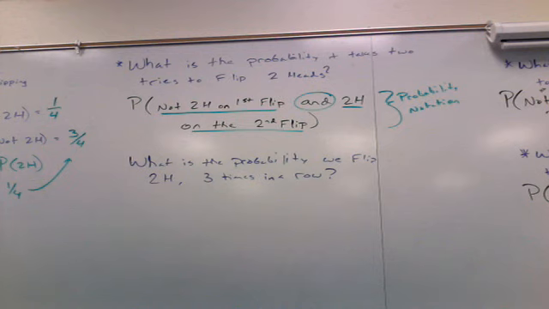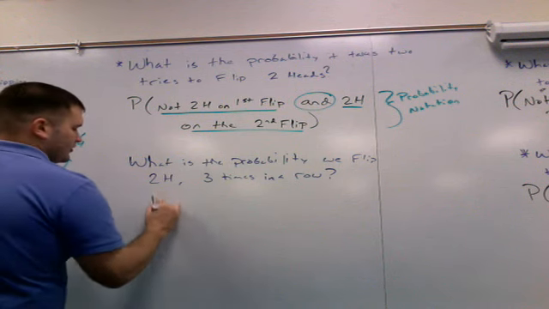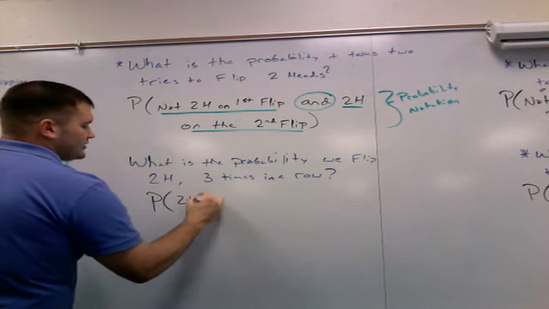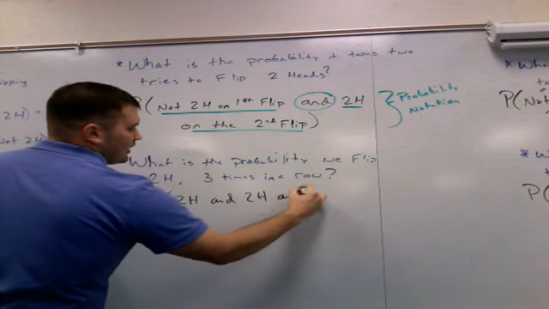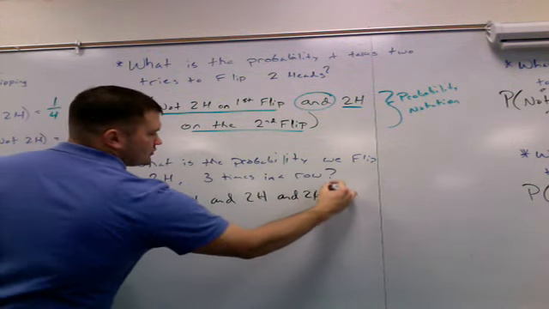Let's dissect this statement real quick. 2 heads 3 times in a row. That means what did I get on my first flip? 2 heads. What about my second flip? What about my third? 2 heads. It's an and statement again, isn't it? So it's the probability of 2 heads and 2 heads and 2 heads.